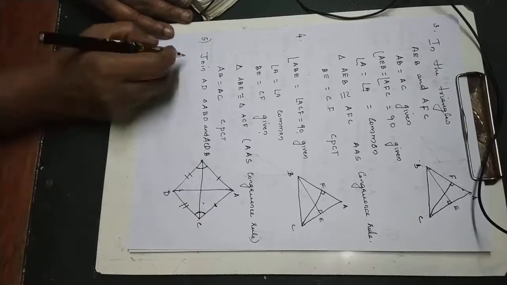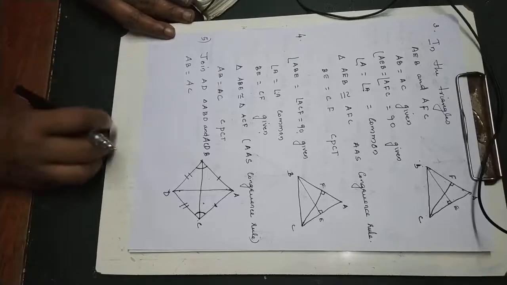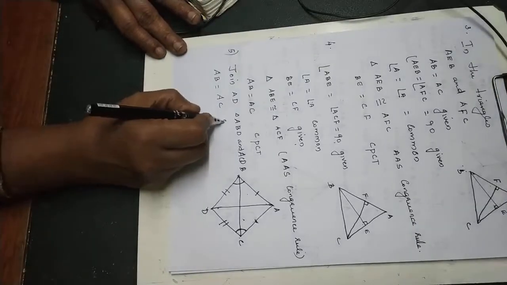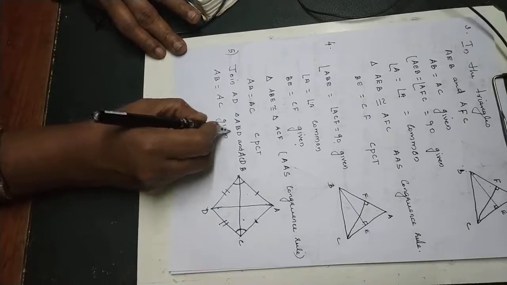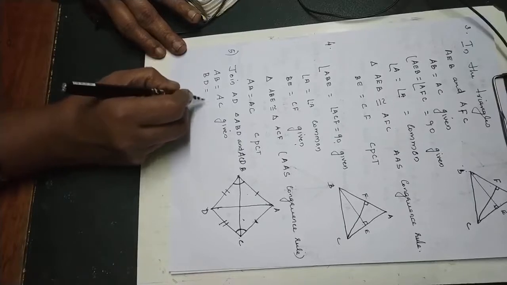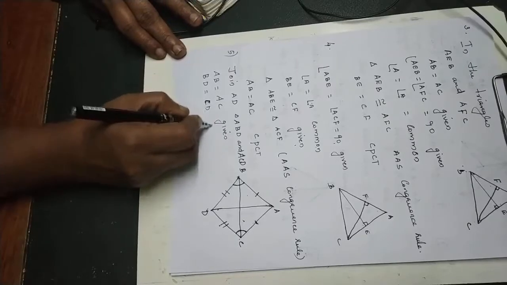Okay, now in that one, AB equal to AC, that is given. BD equal to CD, that is also given.